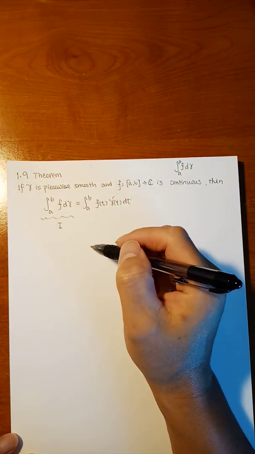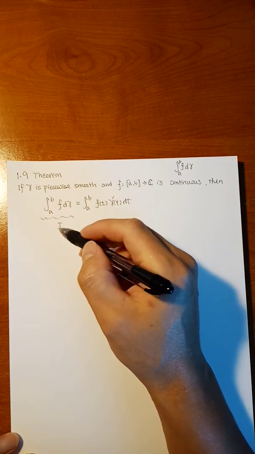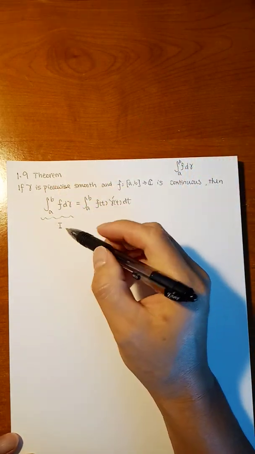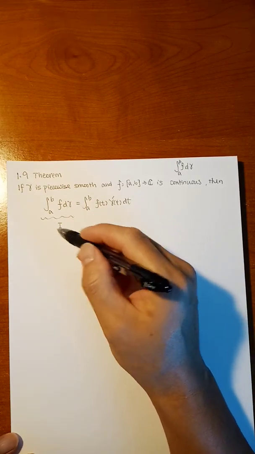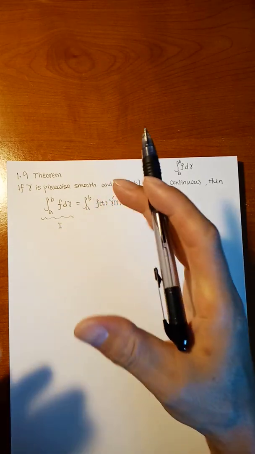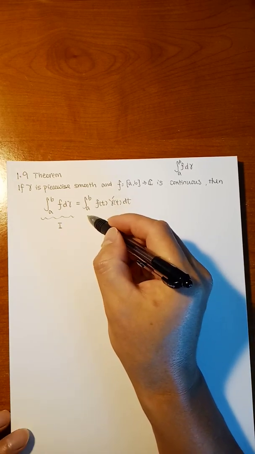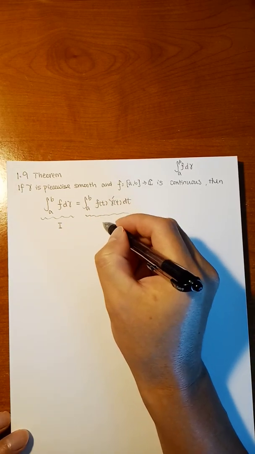Then this I exists and is unique, and then we prove that the net will converge to I, using the epsilon-delta definition.